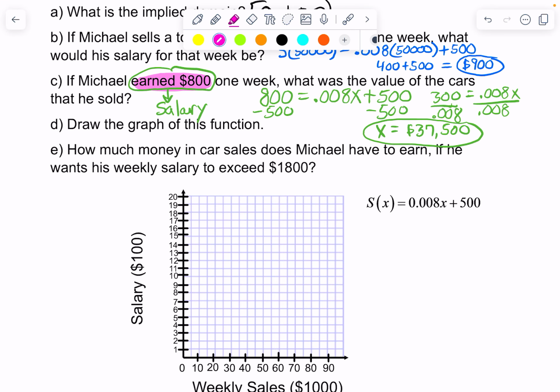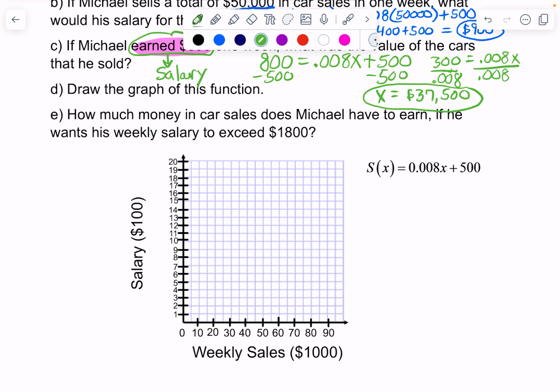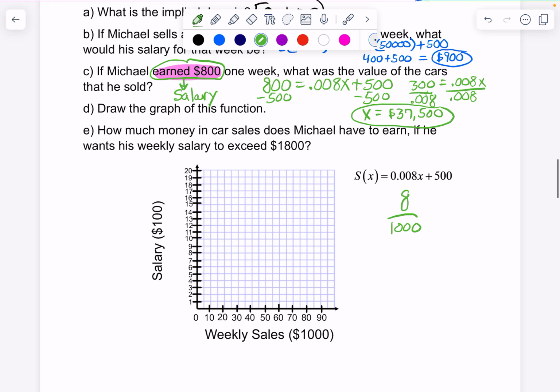Well, this isn't going to be as easy as you would think. 0.008, if I wrote it as a fraction, would be 8 thousandths. It's going to be kind of hard to go ahead and manipulate a graph to go up 8 and over 1,000. So what we are going to do is, first of all, start with our y-intercept, our b. And our y-intercept here is, if x is 0, y is $500, because that's my b.